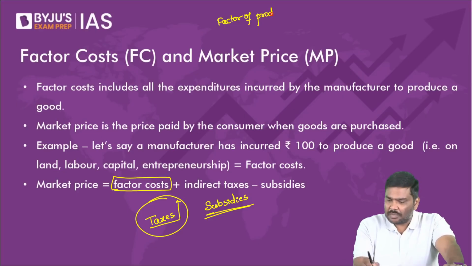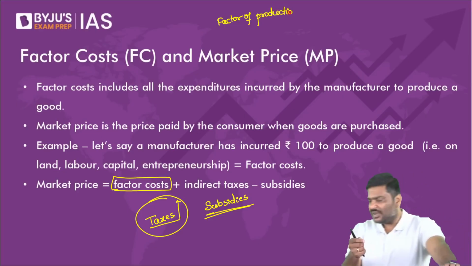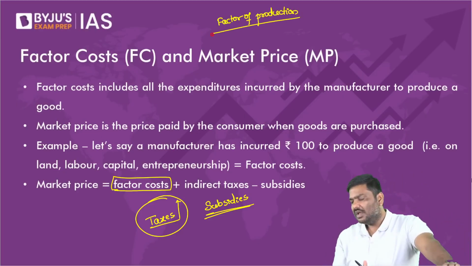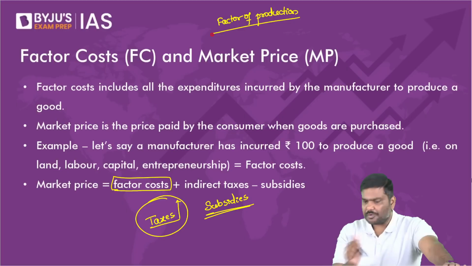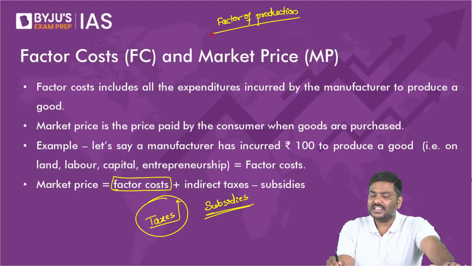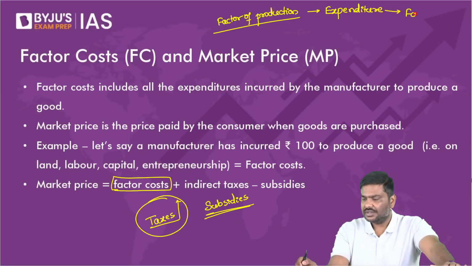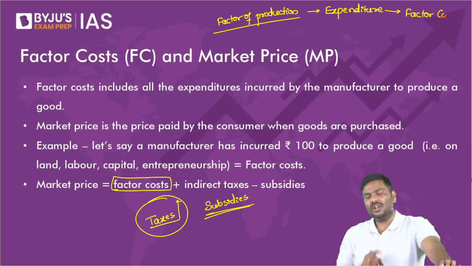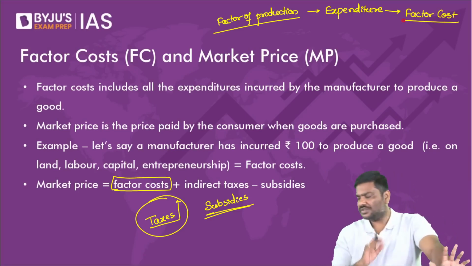Anybody has a problem with this? A company will purchase factors of production, and whenever they purchase them, they will incur expenditure on this. I'll call the sum total of all of this the factor cost.